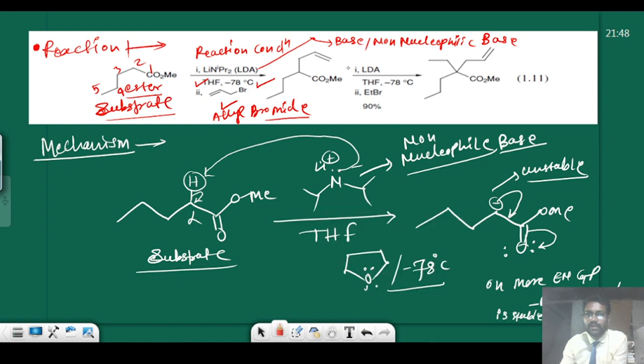Again we have to treat this compound with lithium diisopropylamide under the same condition, tetrahydrofuran at minus 78 degrees Celsius, and the second step is ethyl bromide. This is our alkyl halide.